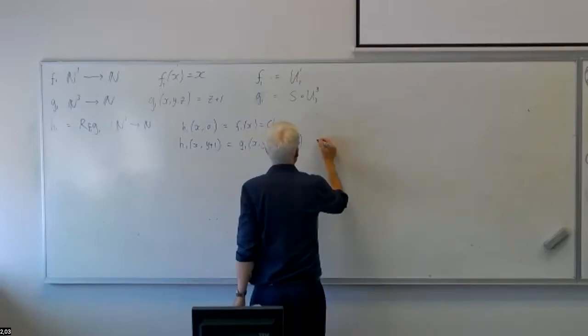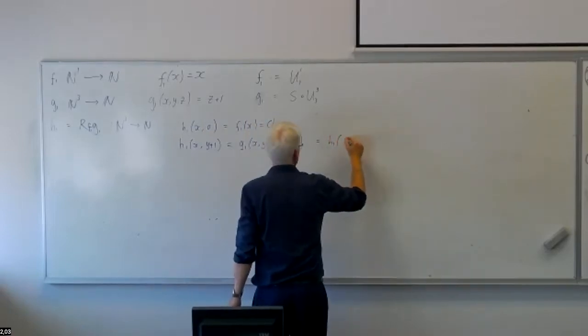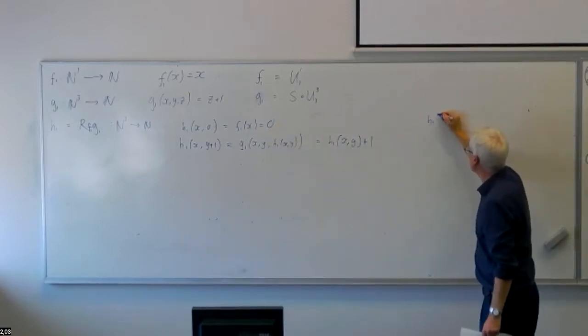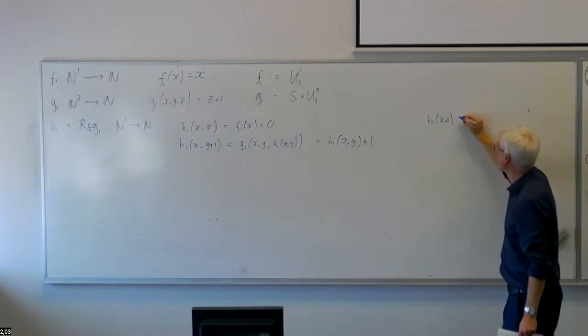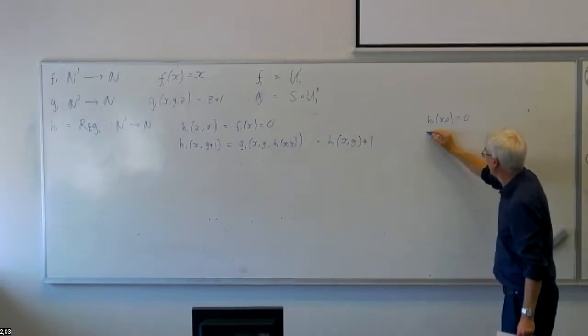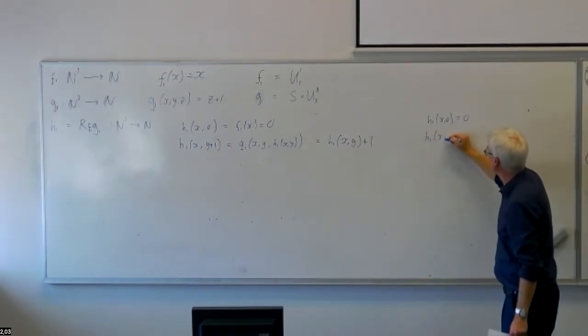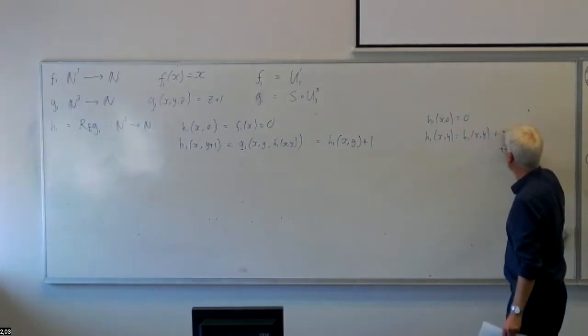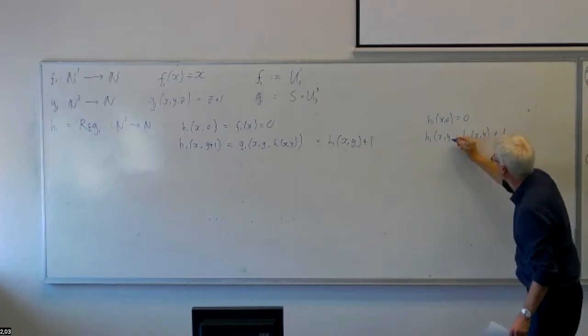So that's H1 of X, Y plus 1. So in other words, just writing this more briefly, H1 of X, 0 is X, H1 of X, Y plus 1 is H1 of X, Y plus 1. I'm sorry, this should be plus 1 here.